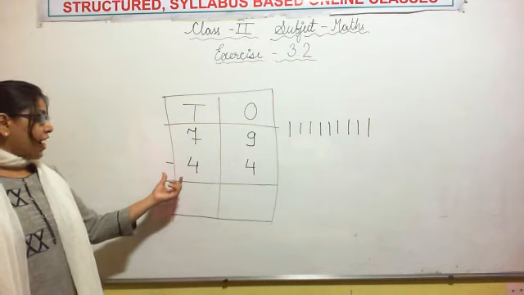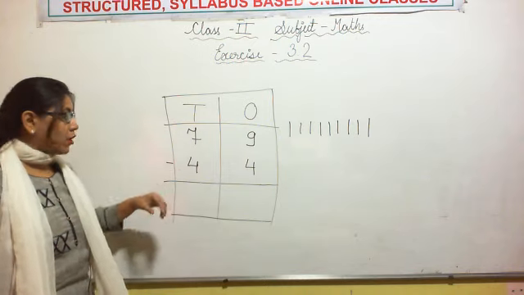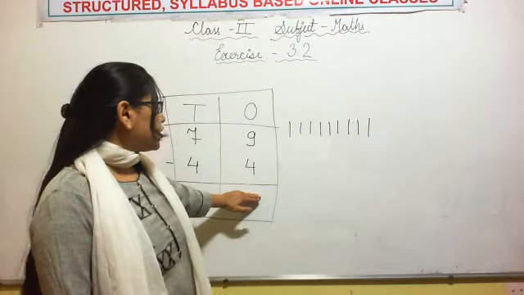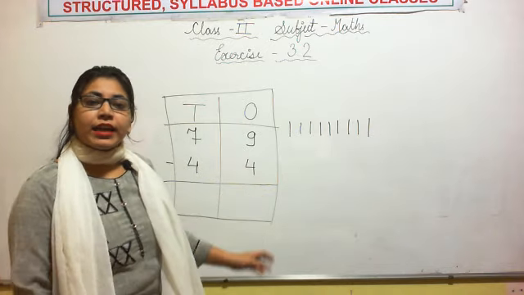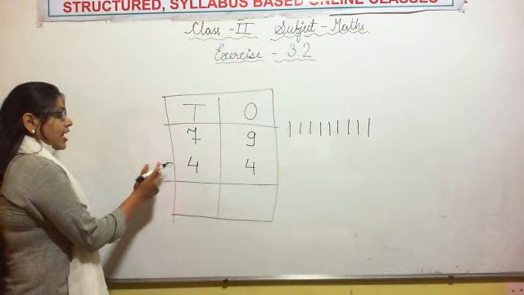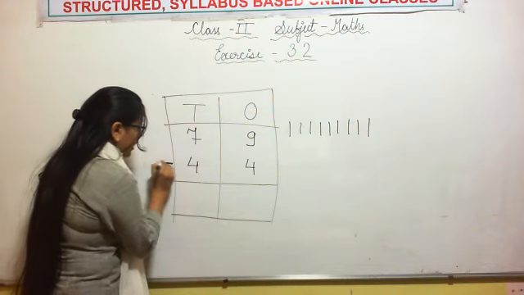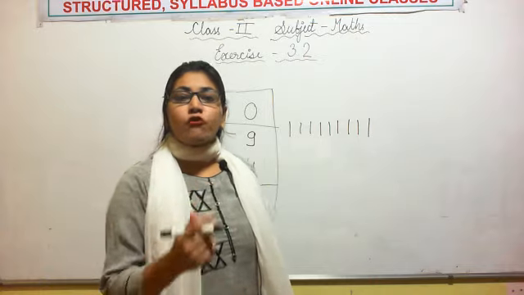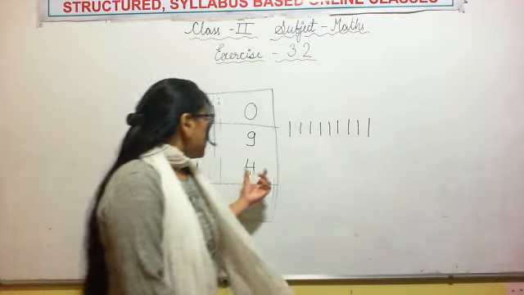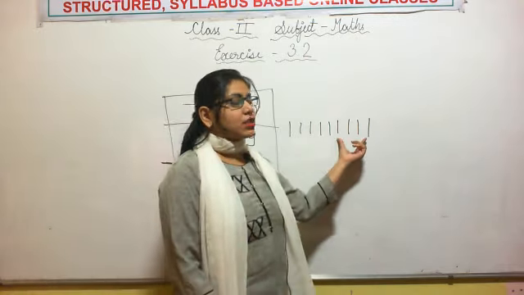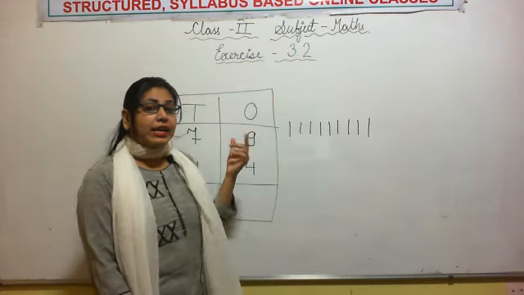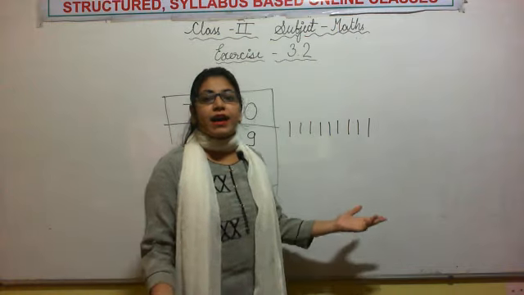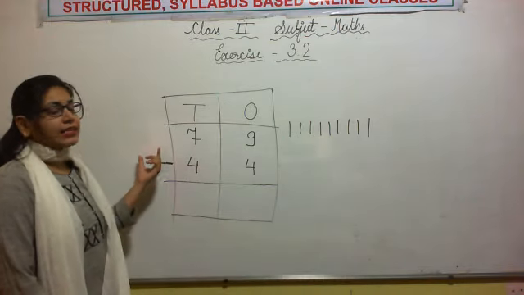First of all we'll check whether it is a plus or minus sign, because we had done addition also by column method. Yes, minus is there. So minus means taking away. We will take away the smaller number of sticks from the bigger number.